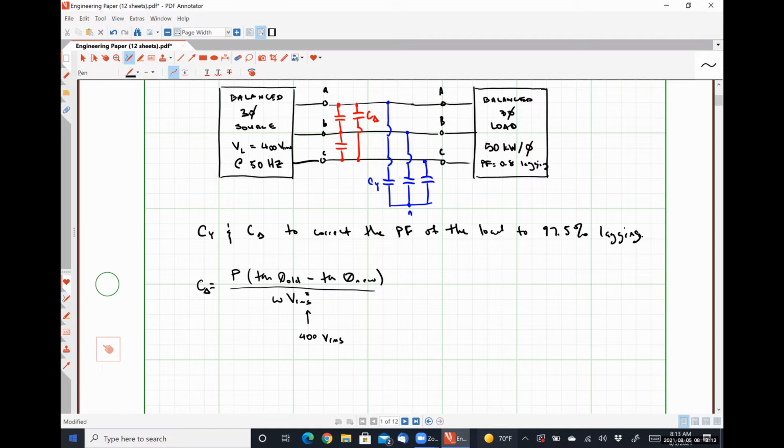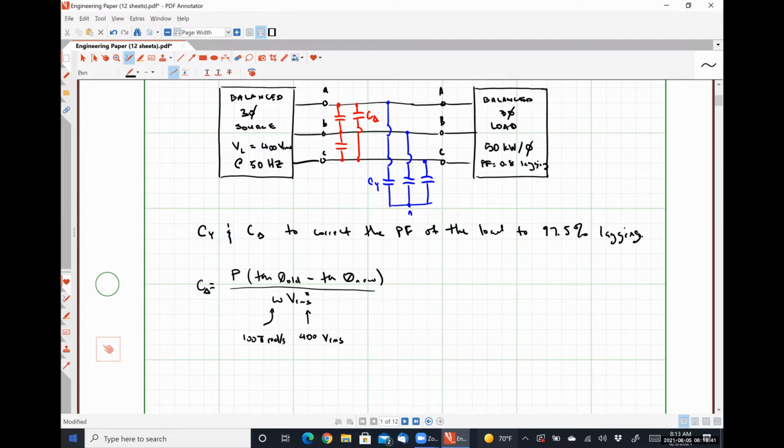What about omega? Since our voltage is operating at a frequency of 50 hertz, omega is going to be 100 pi radians per second, since we just multiply the linear frequency by 2 pi.